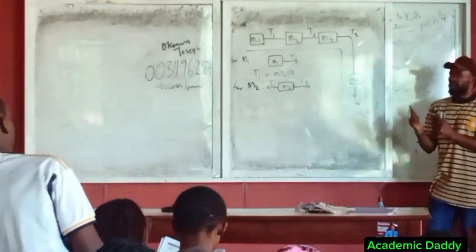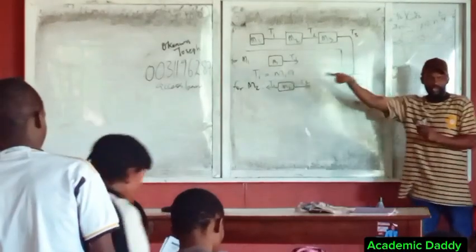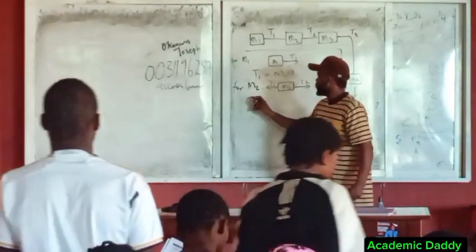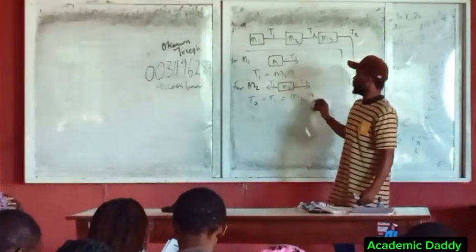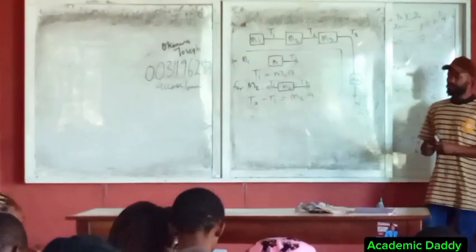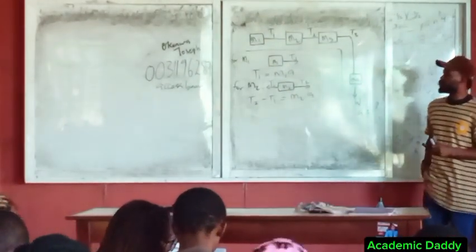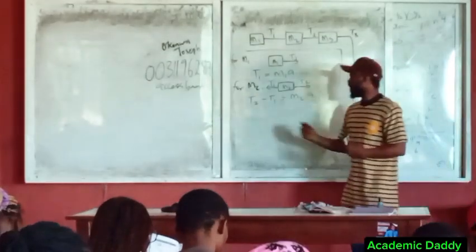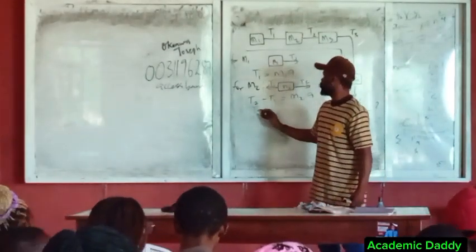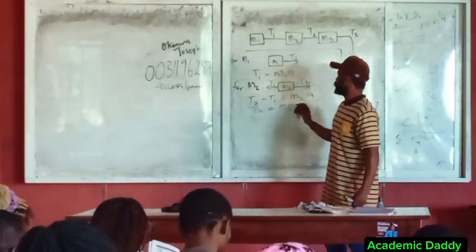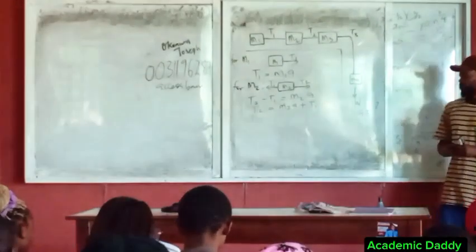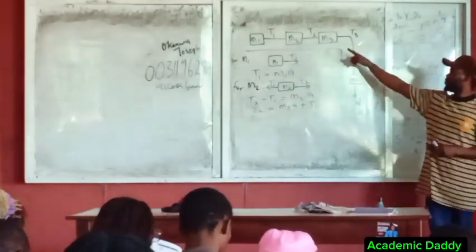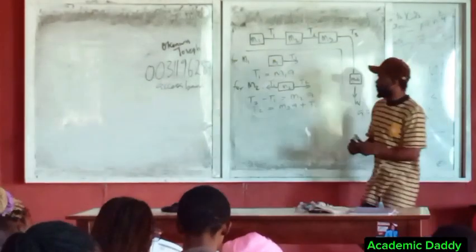So forward minus backward equals M2 times A, so I have T2 minus T1 equals M2A. If I want to make T2 the subject of the formula, T2 equals M2A plus T1. Hope you understand it.